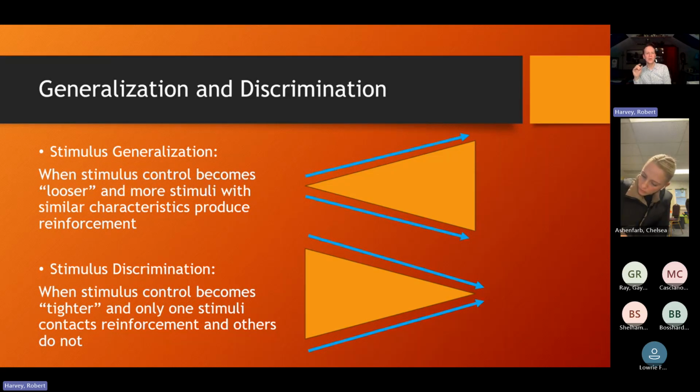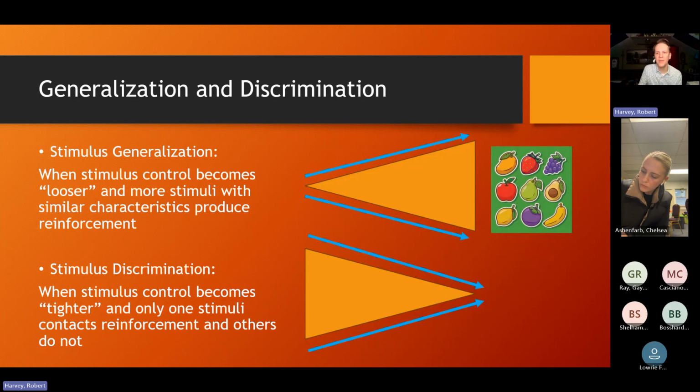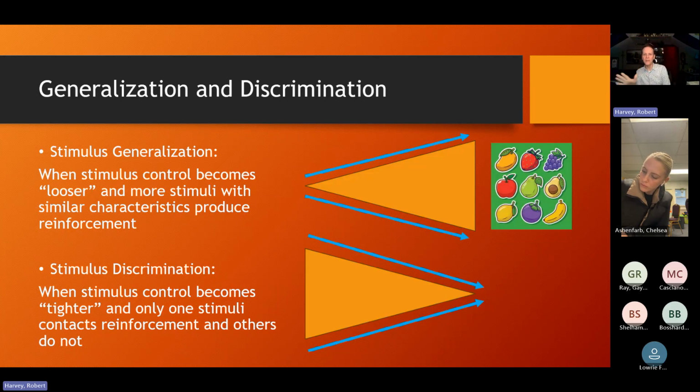So we want to talk real quickly about stimulus generalization and stimulus discrimination. Generalization is when stimulus control becomes, quote unquote, looser, and more stimuli with similar characteristics produce reinforcement. So if I say fruit, all of these things here would fall under the category of fruit.